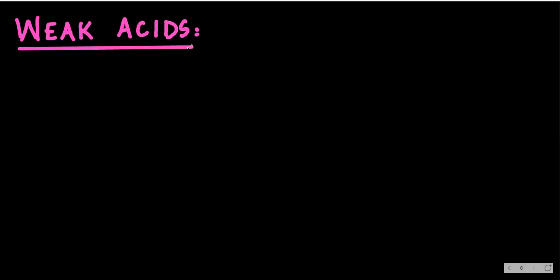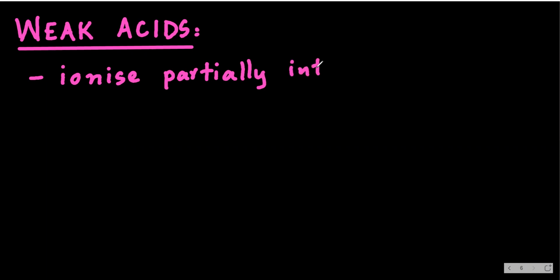Okay, now we will continue with weak acids. Similarly, like strong acids were completely ionized, weak acids will ionize partially into hydrogen ions. This is how you need to explain it in the exam.